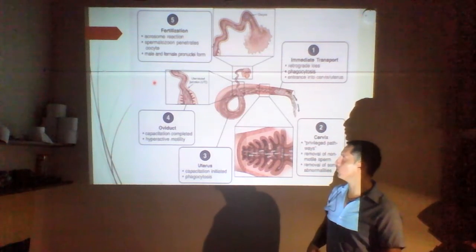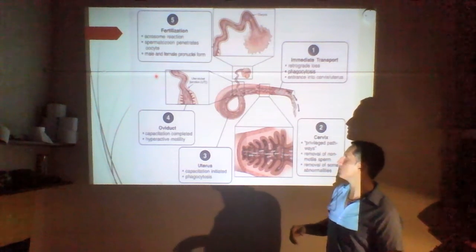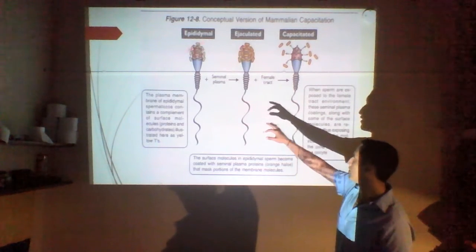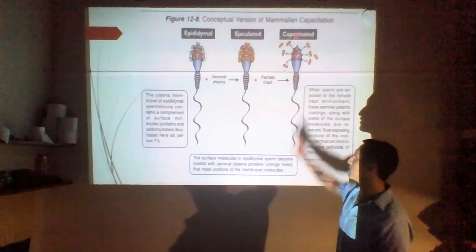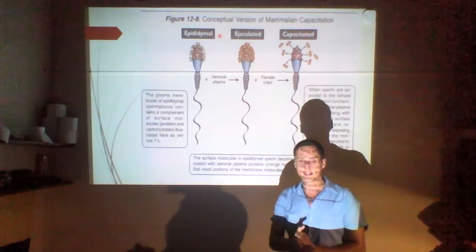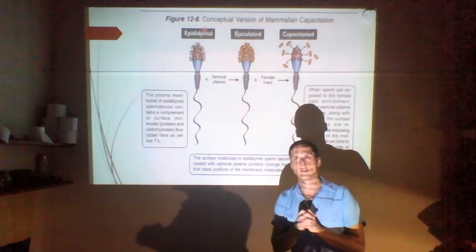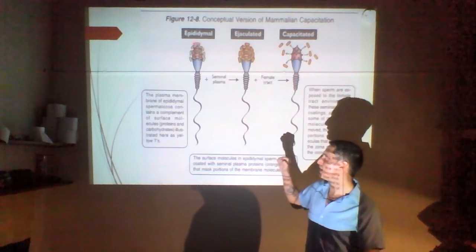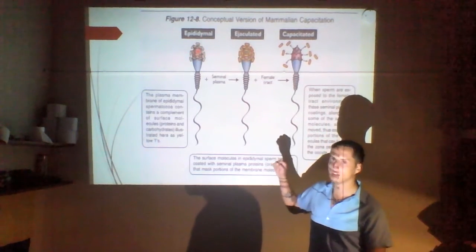So now I'm going to explain the stages of the spermatozoid. The first stage is the epididymal, which is how the spermatozoid is when it's in the testicles of the bull.